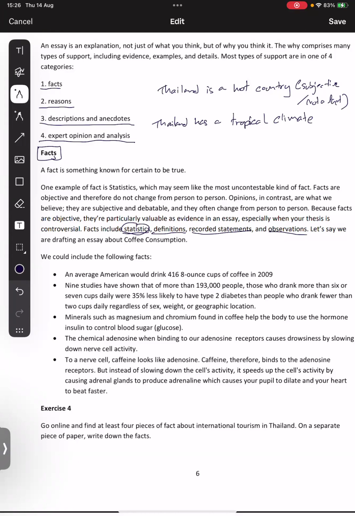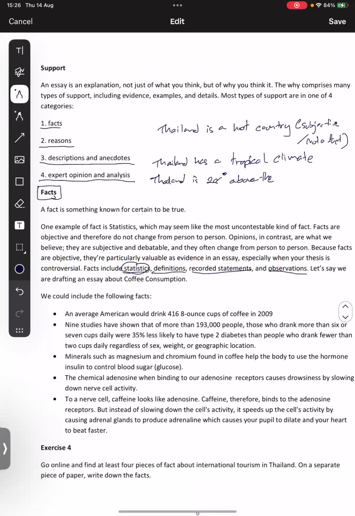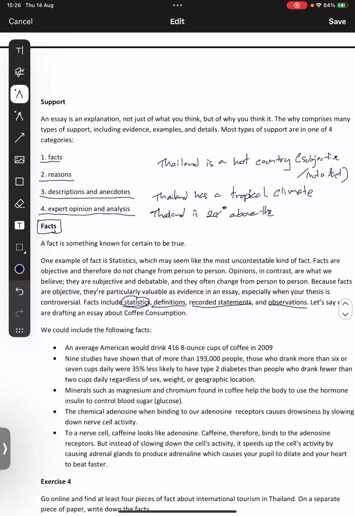If I say Thailand is 25 degrees above the equator. Is it 24? Not quite sure. Let's check.